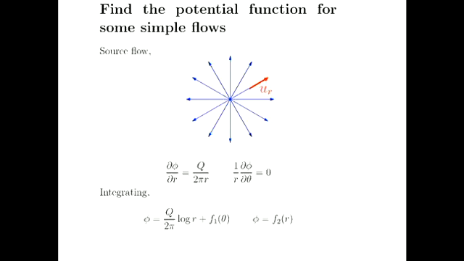And again, I know that d phi d theta is equal to 0, so phi is just equal to the integral of 0 with respect to theta, which is just some unknown function of radial position.